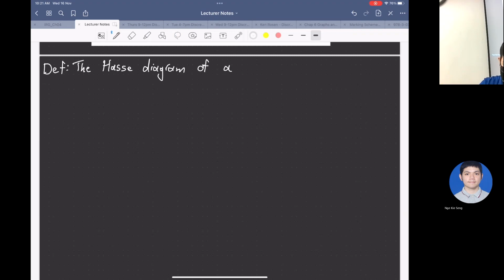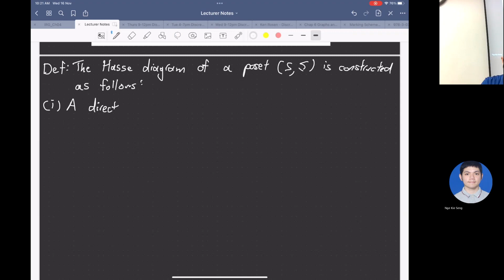So what's the Hasse diagram of a poset? First you have a directed graph.